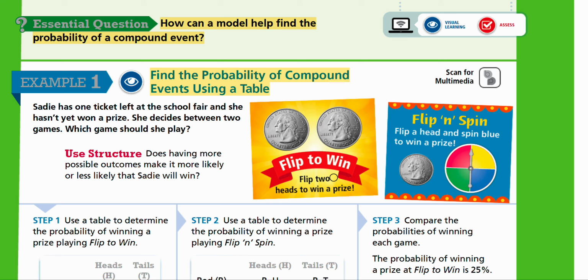So if you look at these 2 games, we have different probabilities for these games, and we want the game that will make her win, right? So does having more possible outcomes make it more likely or less likely that Sadie will win? Obviously if we have more outcomes that would be favorable for her, it'd be great.